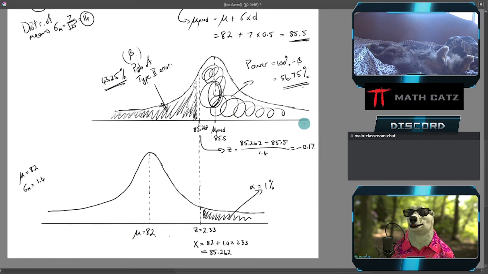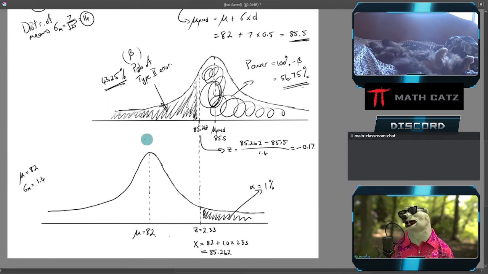And the further to the right it is, the smaller this left type 2 error area is going to be. So a larger effect corresponds to larger power. It is stronger evidence, and that has a smaller type 2 error probability.